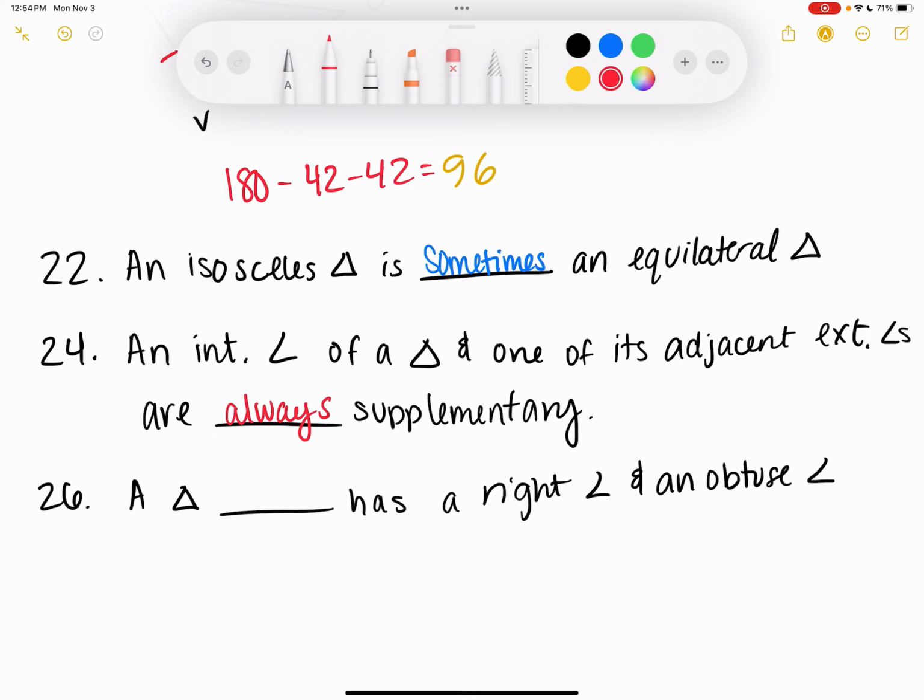Never. Okay, so why? Well, let's see. What's true about a right angle? 90 degrees. What's true about an obtuse angle? It's greater than 90, and a triangle has three angles, so if I have 90 and a number bigger than 90, that's bigger than 180. So that automatically is a problem, so this has to be never.